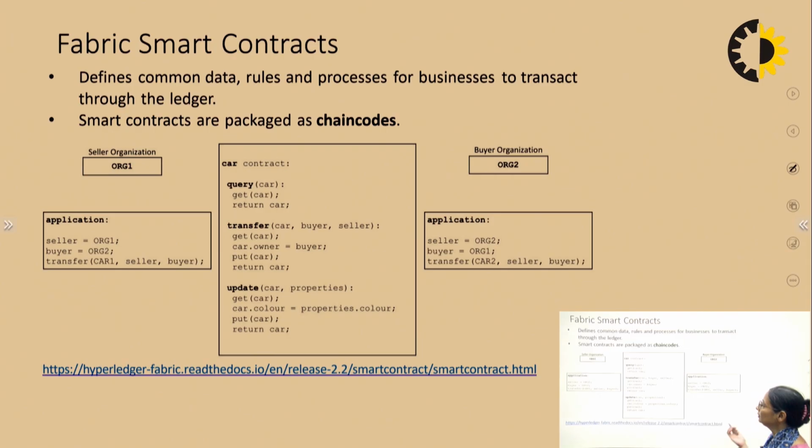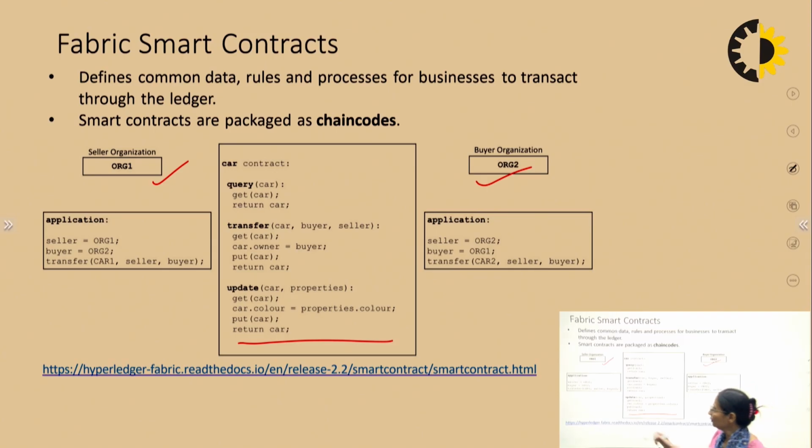This is a simple figure showing the Fabric smart contract, that is the chain code. Here we have organization 1 and organization 2, and this is the chain code which is being operated between these two organizations.